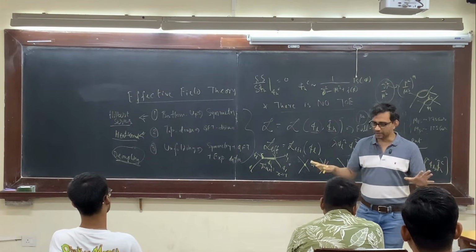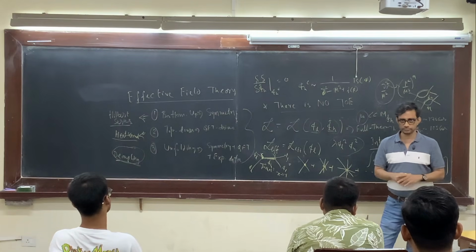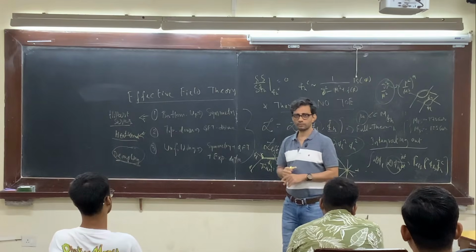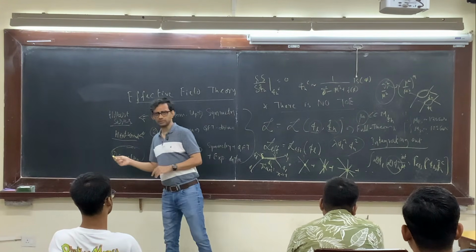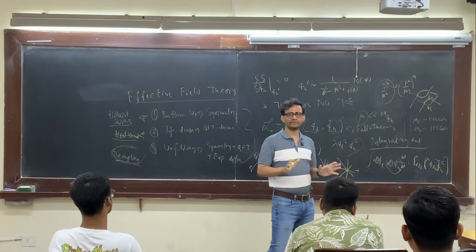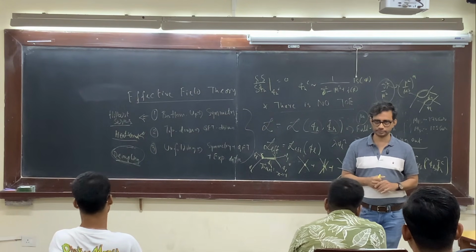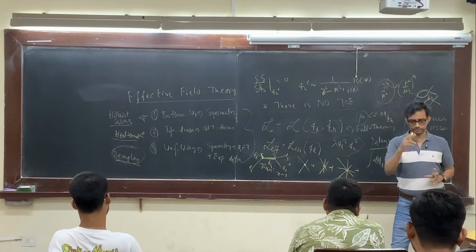But what I will be discussing primarily, the objects are basically fundamental degrees of freedom. Other than that, we do not really need any other assumption about the UV completion. If the theory is renormalizable, I mean, it's a well-behaved UV theory, it has unitarity and all those things. Okay? Yeah.